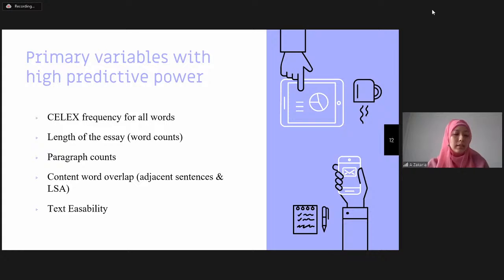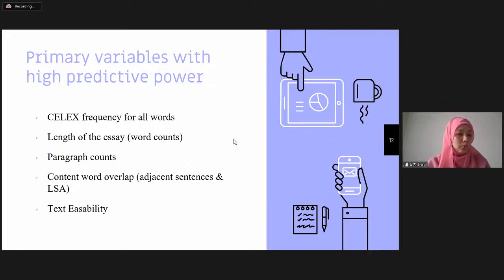The lexical frequency for all words is the average word frequency based on word frequency counts from the CELEX corpus. This index can be considered a proxy for students' vocabulary repertoire. A lower index suggests the use of less frequently occurring words, and therefore extended vocabulary knowledge.